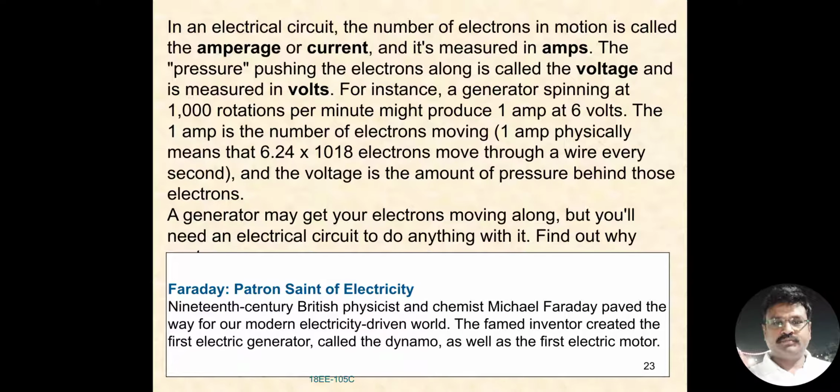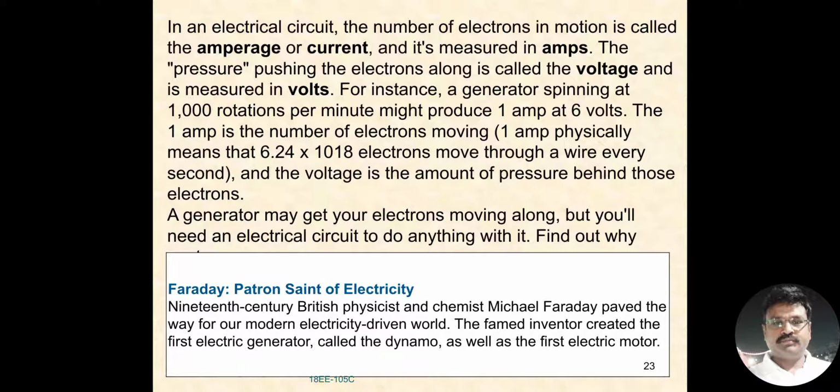In an electric circuit, the number of electrons in motion is called the amperage or electric current, and it is measured in amperes.